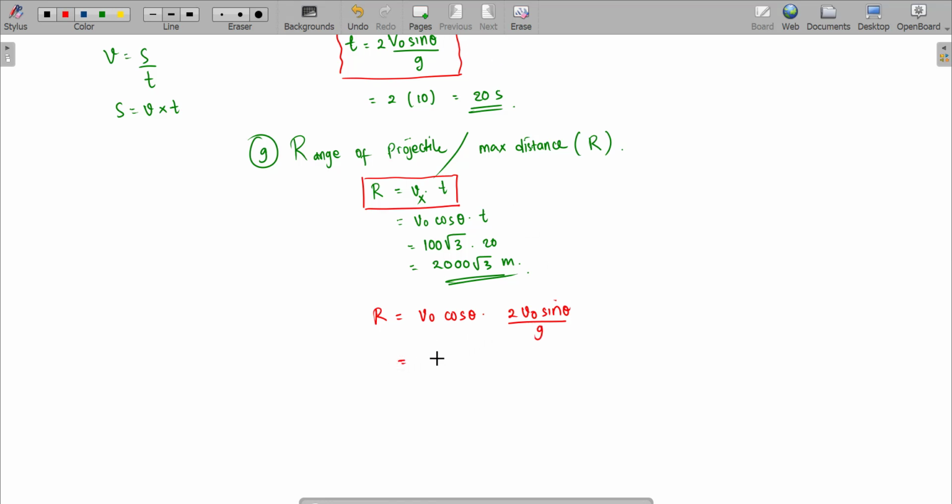So the result is initial velocity squared times 2 sin theta cos theta divided by gravity, and in trigonometry 2 sin theta cos theta equals sin 2 theta over gravity. So you have one more bonus from me, the formula of distance R: V0 squared sin 2 theta divided by gravity.